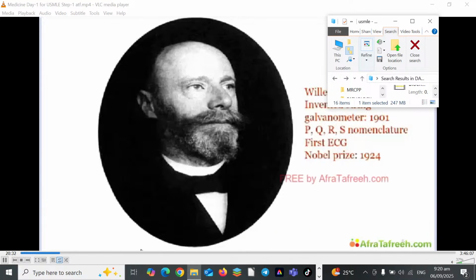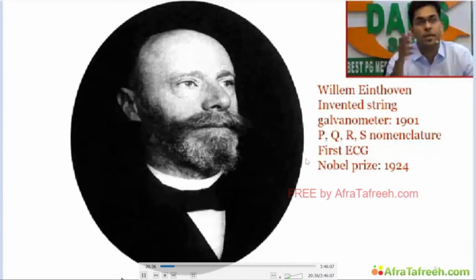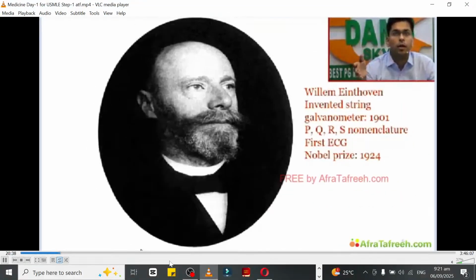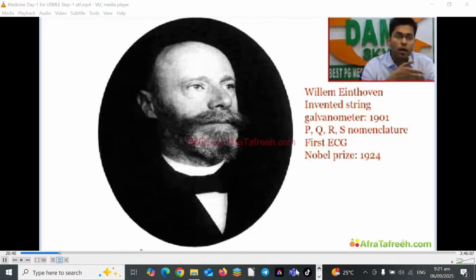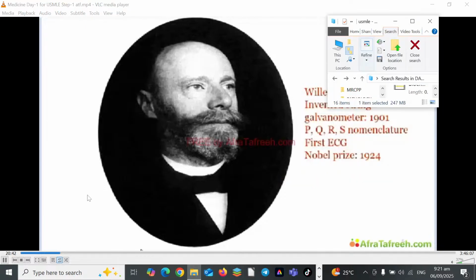He got the Nobel Prize for it, and he named them PQRS waves because he was not sure if they are the first waves of the heart or the last waves. So he named it PQRS, the middle alphabets, and left the earlier and later alphabets in case anything was discovered later on.